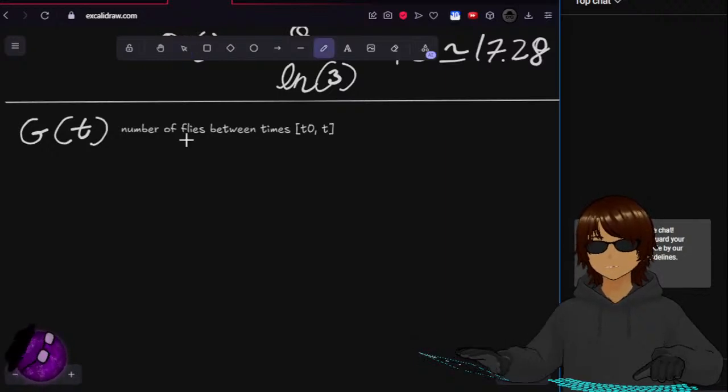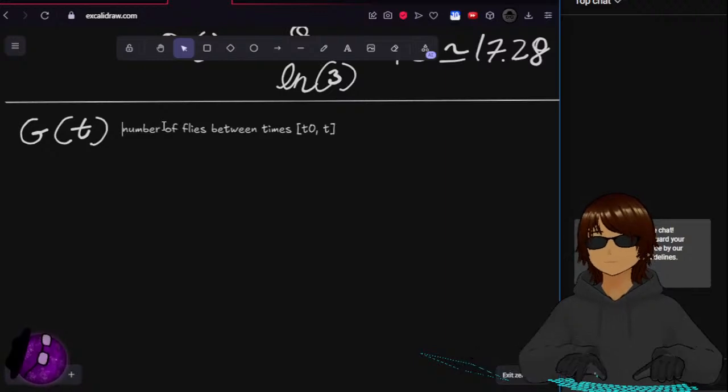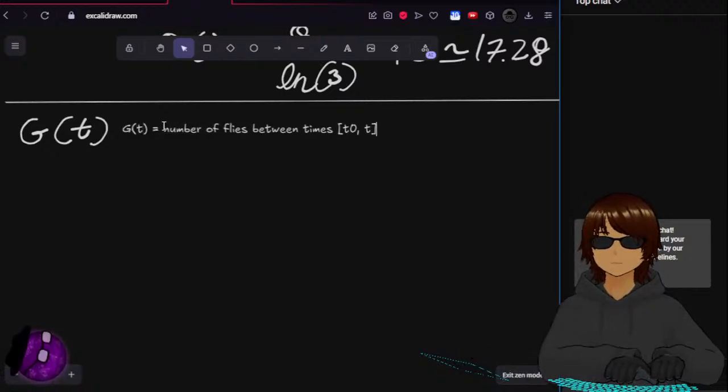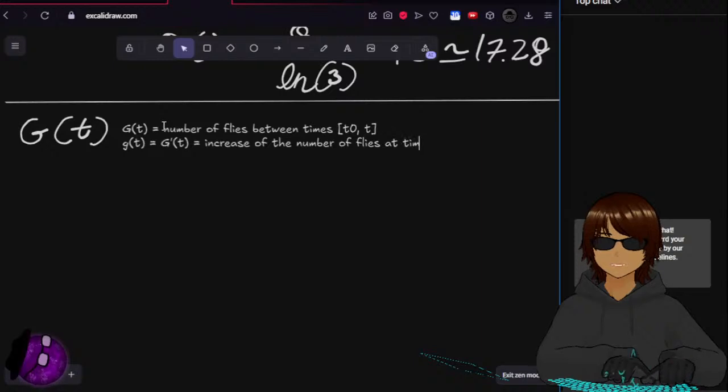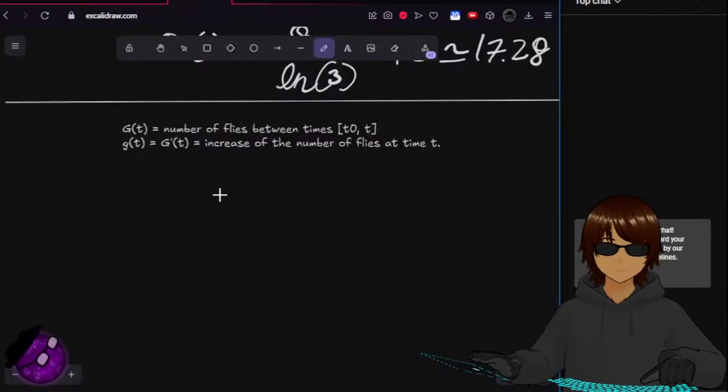And then, wait, hold on. And then G(t) is equal to the derivative of this, which is the increase in the number of flies at time t. So G'(t) is given.